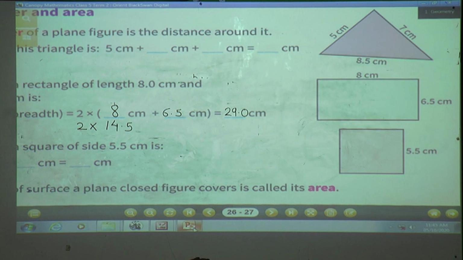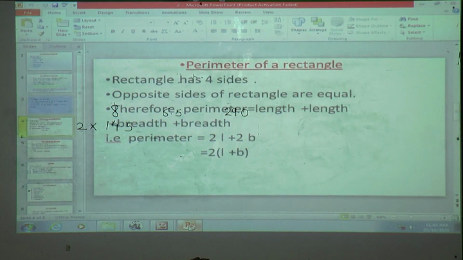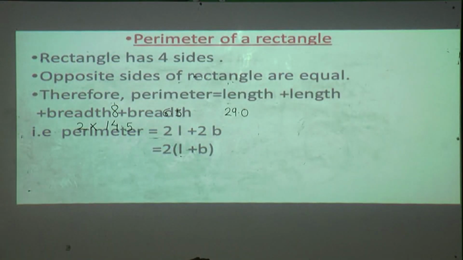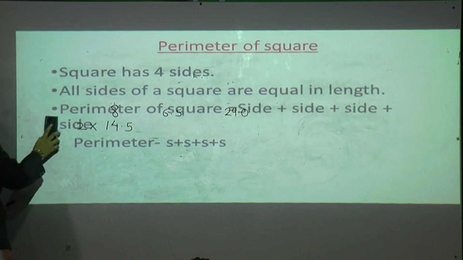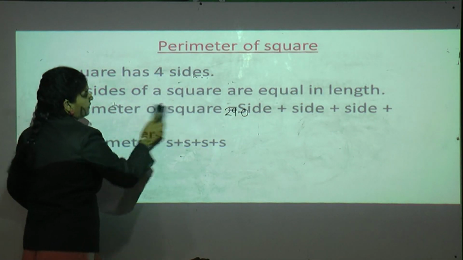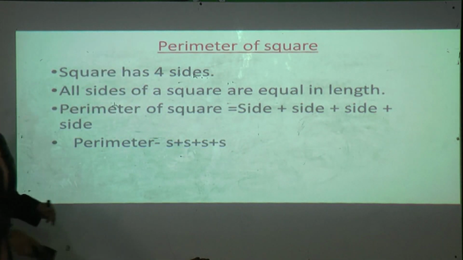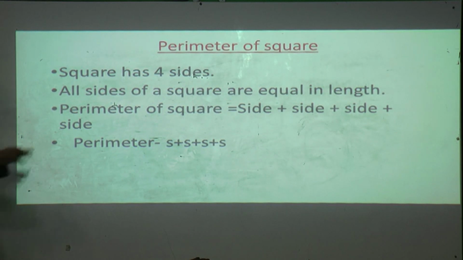Now we will see the perimeter of a square. All of you know that a square has 4 sides, and all sides of a square are equal in length. They are also parallel.